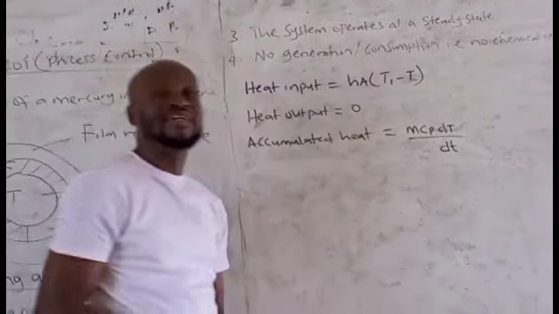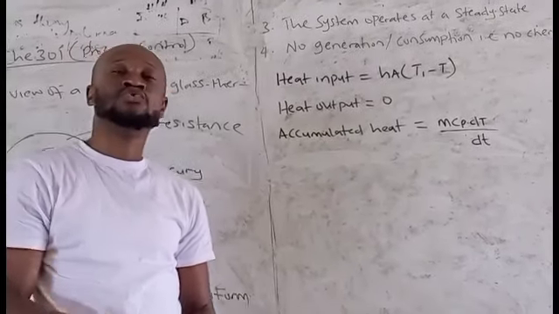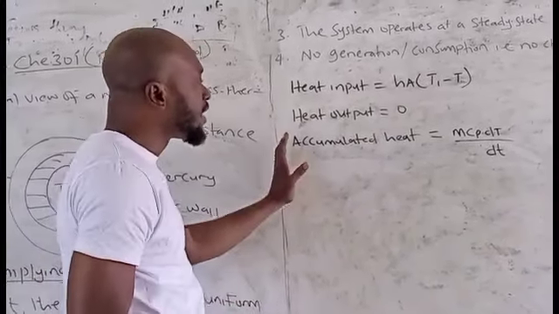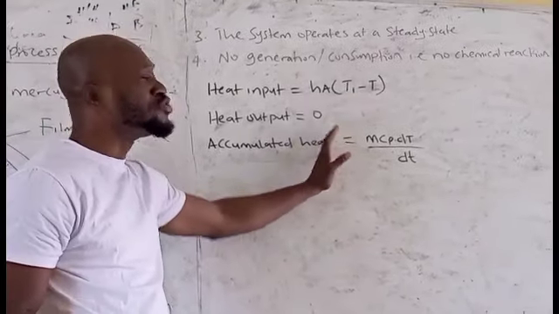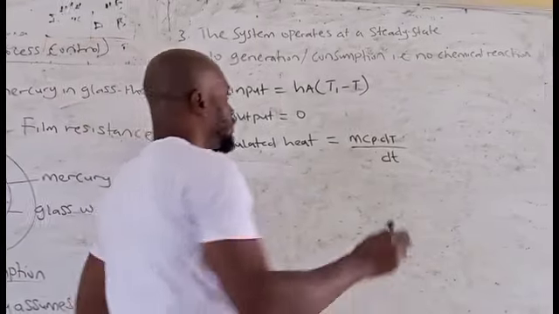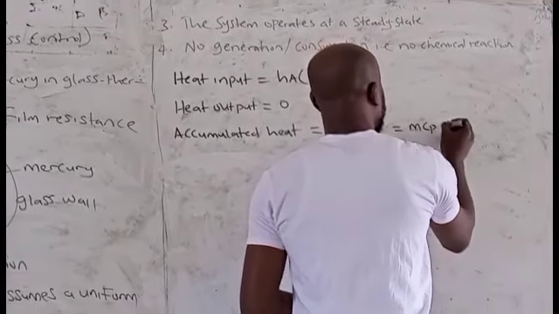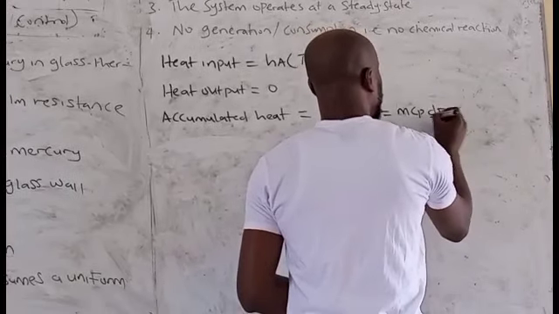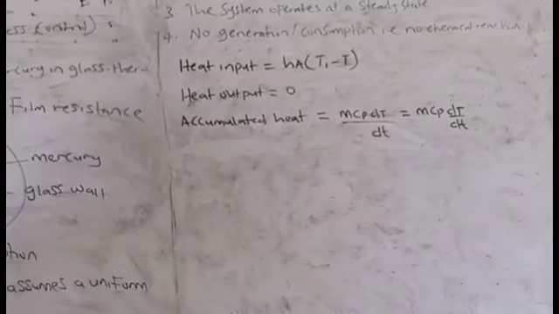You are going to divide it by time, small t. Anytime you are asked to calculate accumulation, you divide by time. So you have MCp dT over small t, that is, the small change in t.